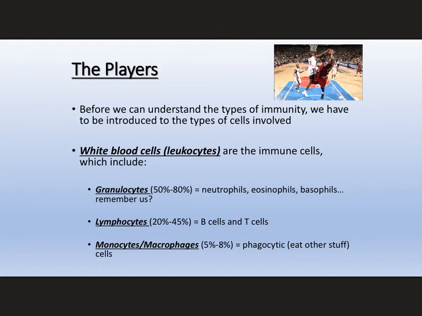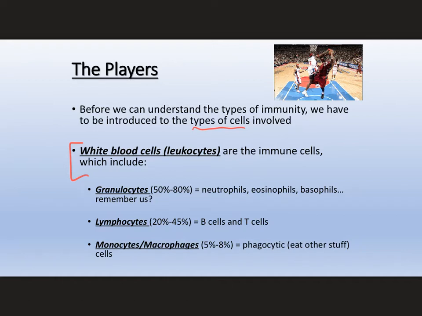Before we get into too much here, let's talk about the players. We need to get into what types of cells are involved. I think a lot of you already know that your white blood cells, medically referred to as leukocytes, are your immune system cells. Maybe that came up in a previous class, or you've just heard that before. But we're going to break that down even more.